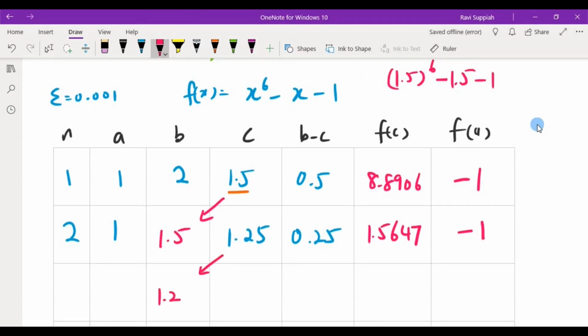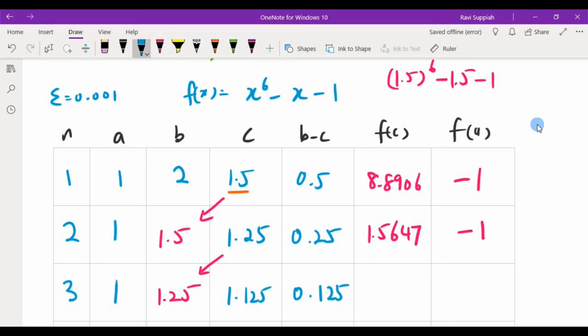So 1.25 comes here. This is the third iteration. A is still unchanged, and C is A plus B divided by 2, so I get 1.125 here. B minus C, so 1.25 minus 1.125, I'll get 0.125.